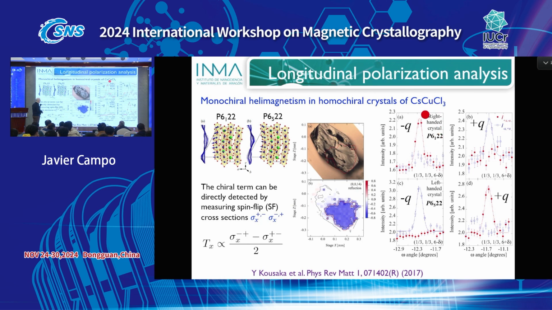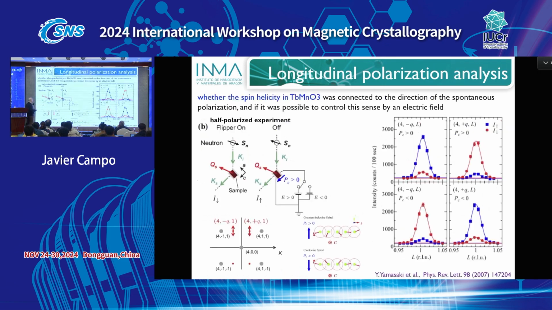And then they observed that only one was visible, or by taking one kind of crystal, only one magnetic chirality appears. In one satellite, only one. And in the other, the contrary. And that means that every satellite has a different chirality. And in the other crystal, the chirality changes. This was a proof of the chiral term and the homochirality in this kind of crystals.